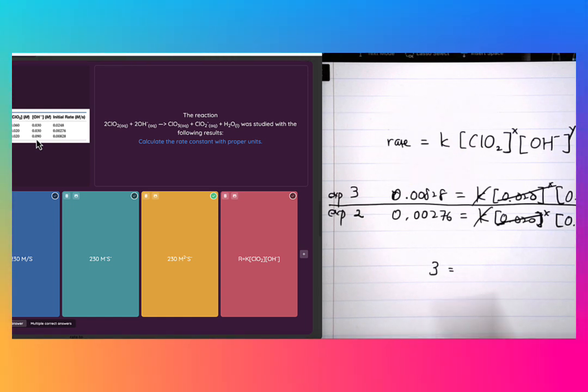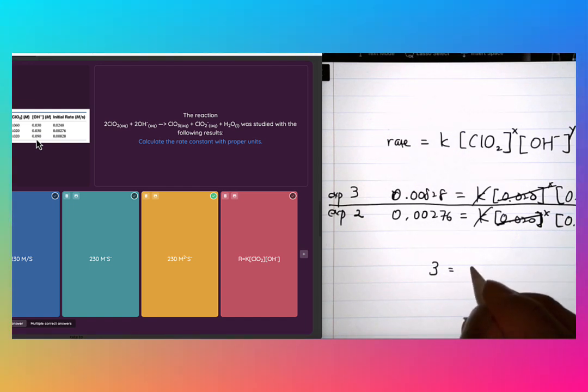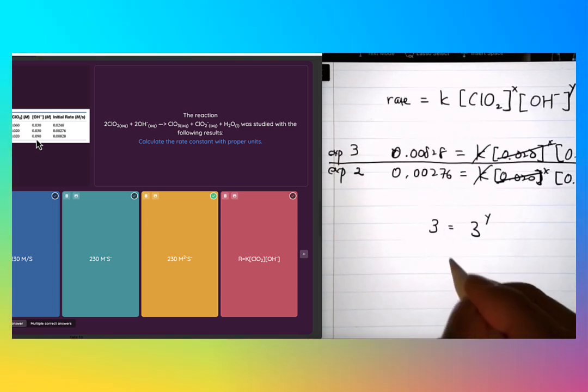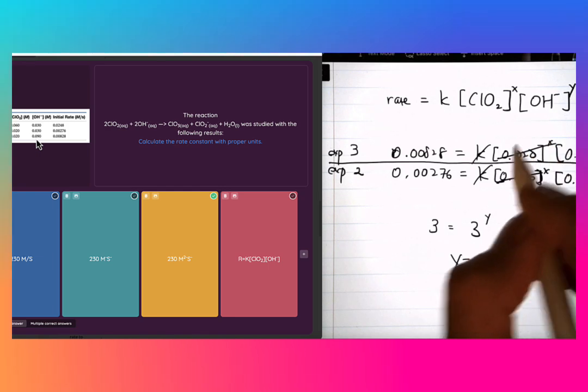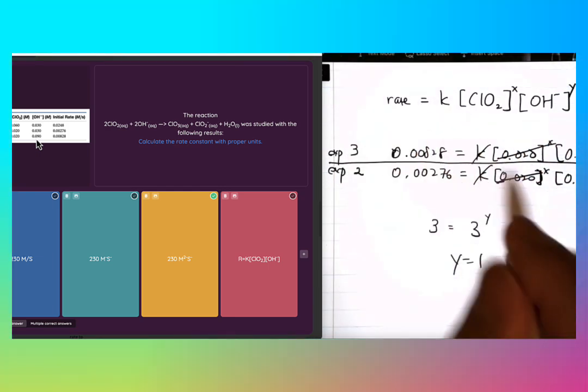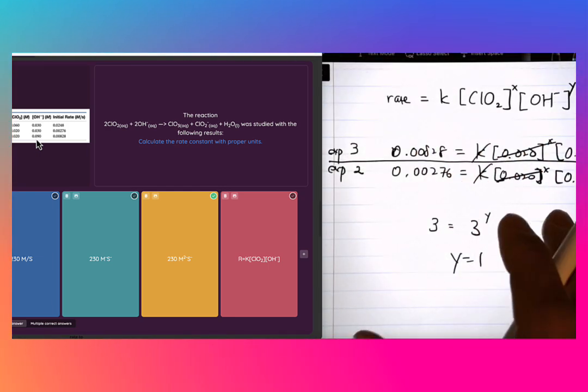So we get 3, and 0.090 divided by 0.030 is going to give you 3, and we can pull the power out. So now you can see Y equals 1. So the order of the hydroxide with respect to our experiment becomes 1.